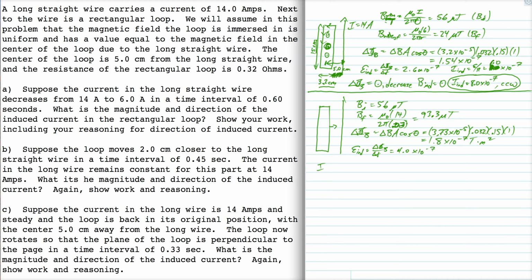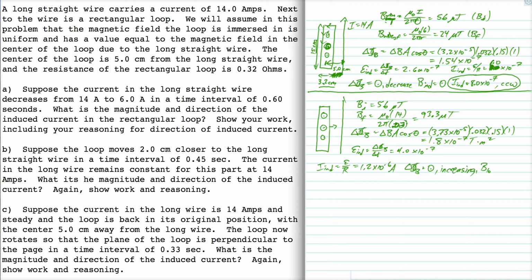And so the induced current is the induced EMF divided by the resistance, and we know that the resistance in the loop is 0.32 ohms, so that's 1.2 times 10 to the minus 6 amps. Now as far as the direction, again we have that the change in flux delta phi B is initially out of the page, but in this case it's increasing as that loop gets closer.